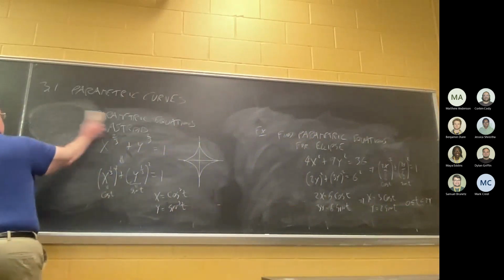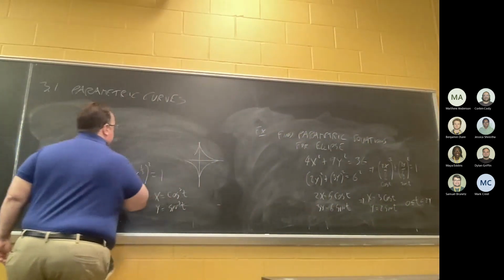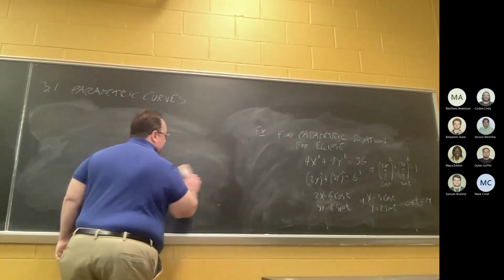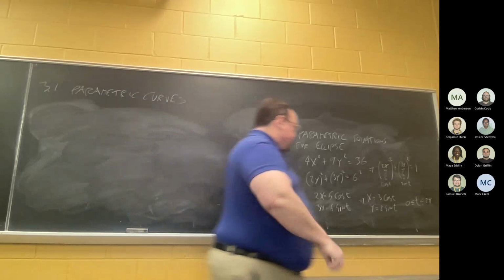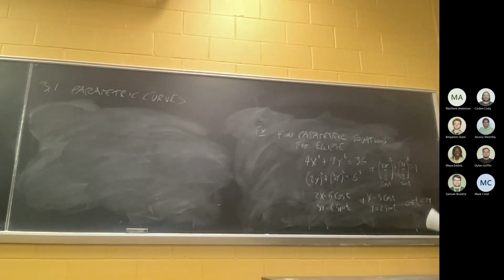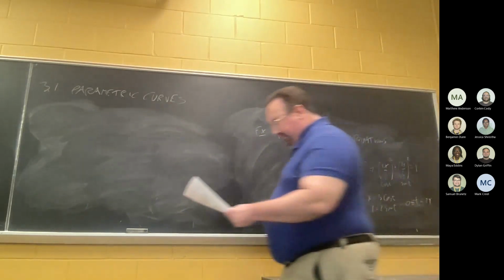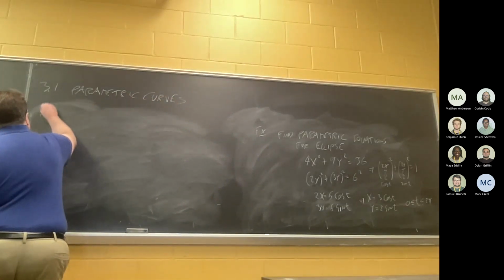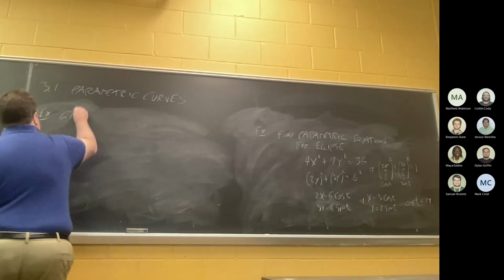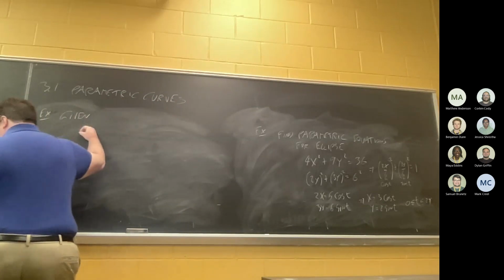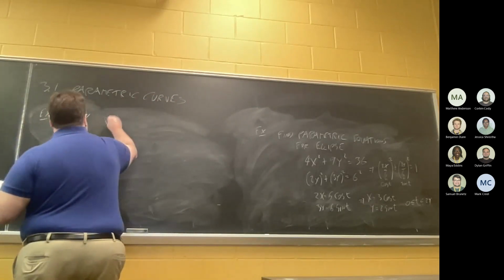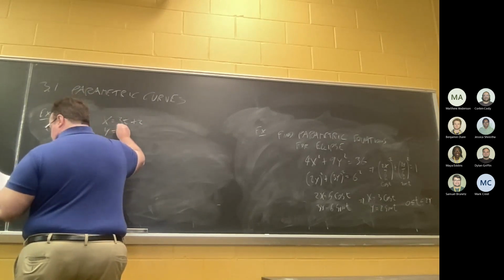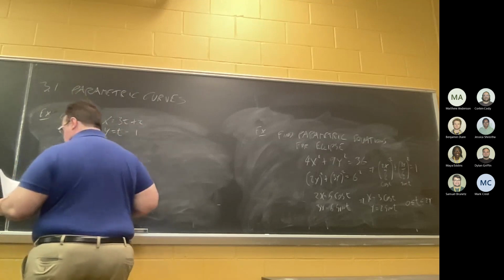Now we'll go the other way. We're given the parametric equations, and you want to describe the curve as y as a function of x or vice versa. Given these parametric equations, x is equal to t plus 2, y is equal to t minus 1.